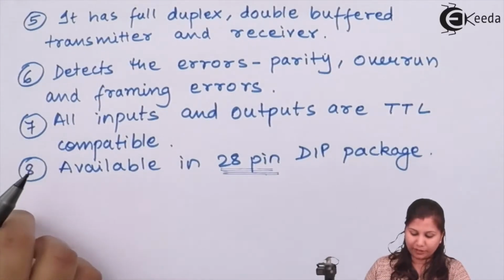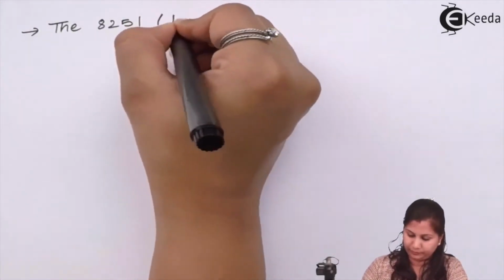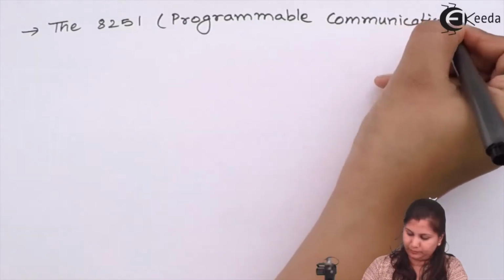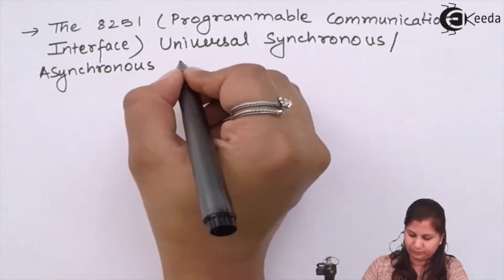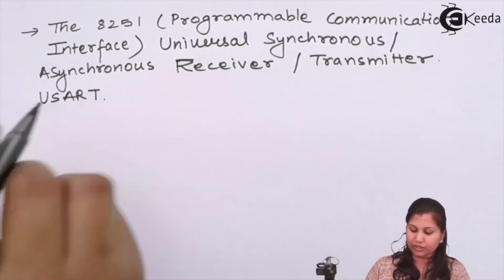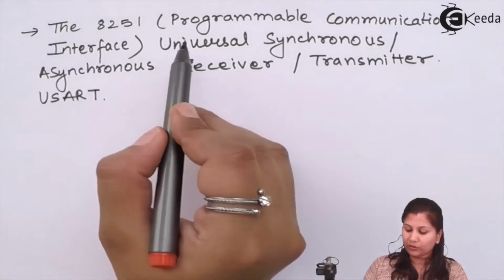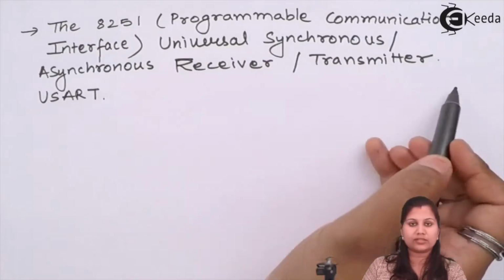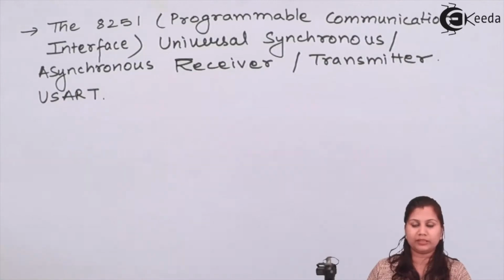If we talk about its function, then this 8251, which is known as the programmable communication interface and also the universal synchronous asynchronous receiver transmitter, is universally accepted as the receiver and transmitter by all the programmers.